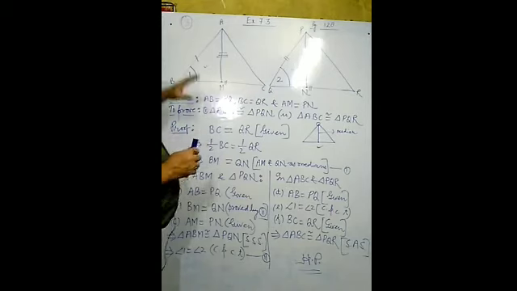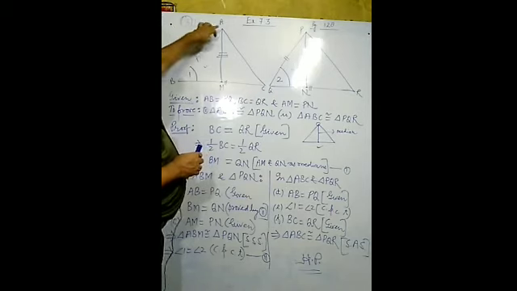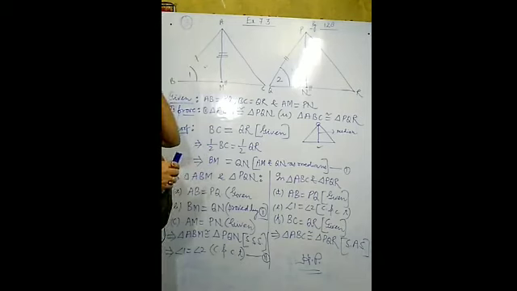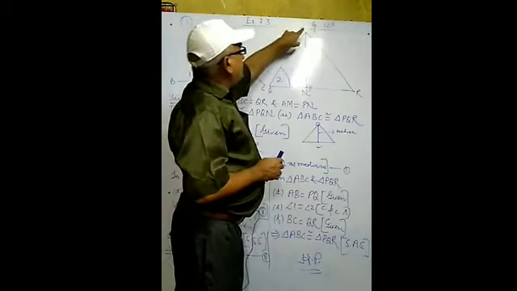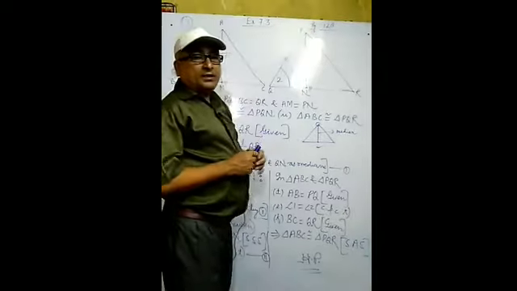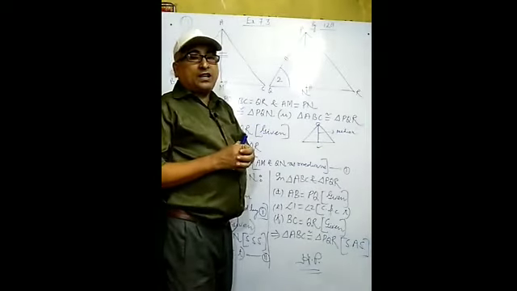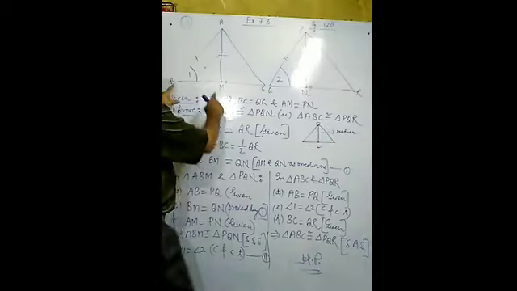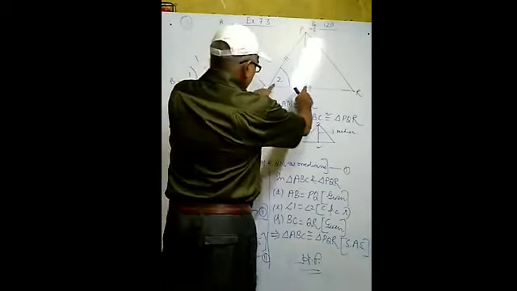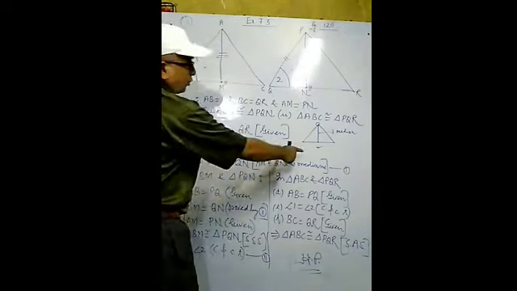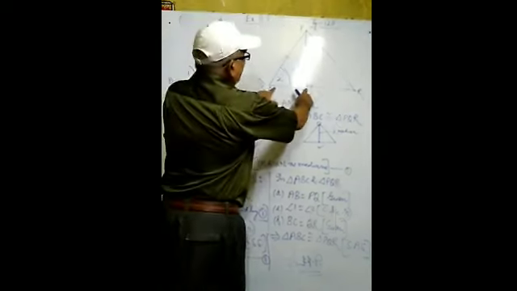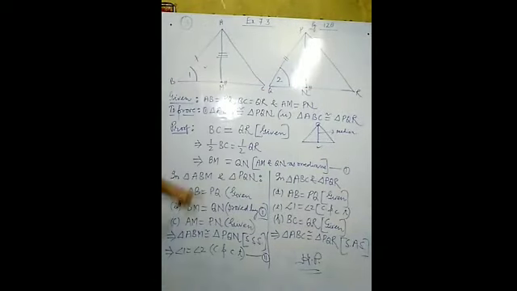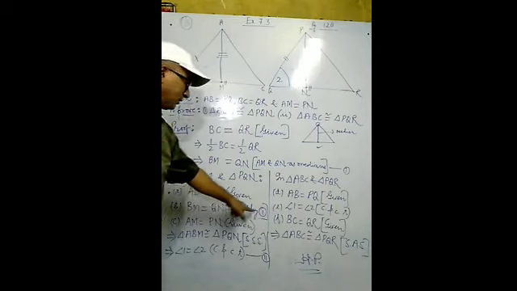This side of this triangle equals this side of the other, and this information is already given in the question. Again, BM equals QN, which we have just proved by relation number 1.